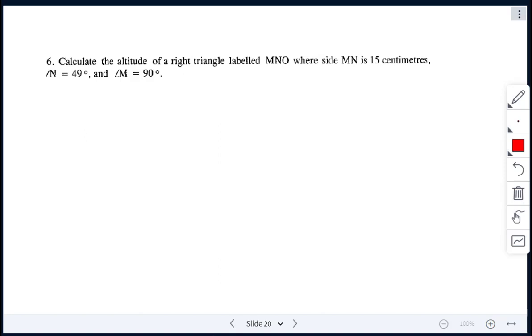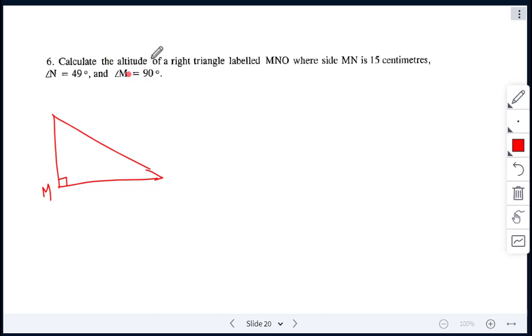Right, so the first thing we have to do here is draw our triangle correctly. We have to pay attention to everything that's given to us here. So let's draw out a triangle. And we're told angle M is 90 degrees. So we'll call this M, and there's our 90 degrees.